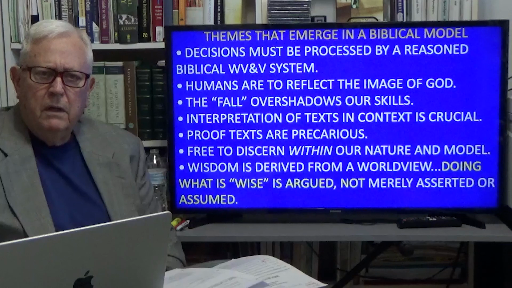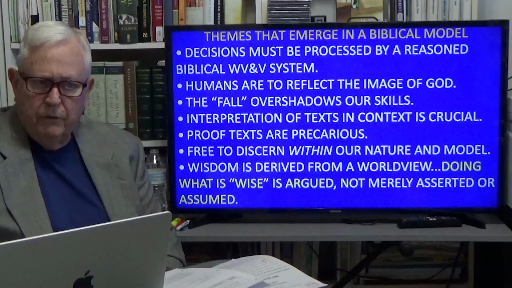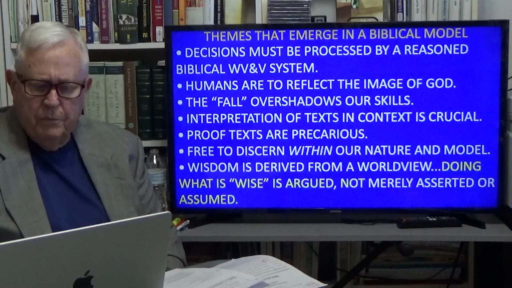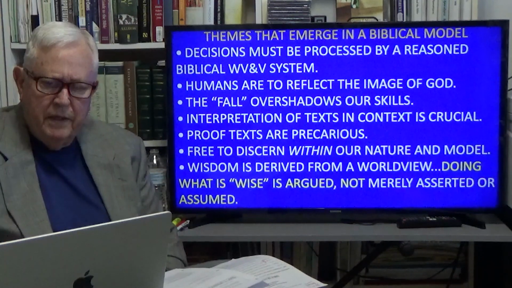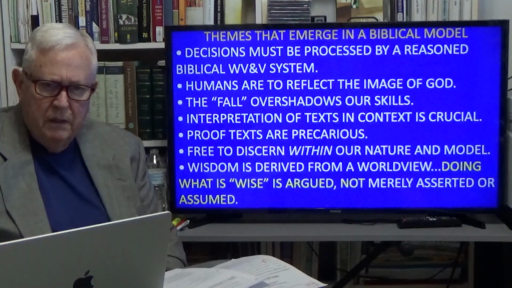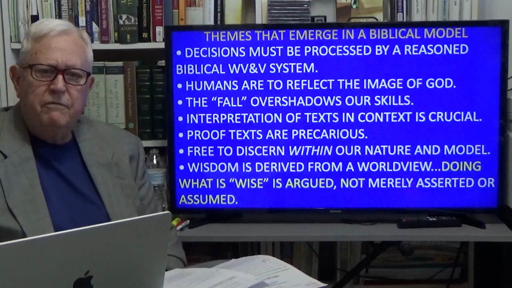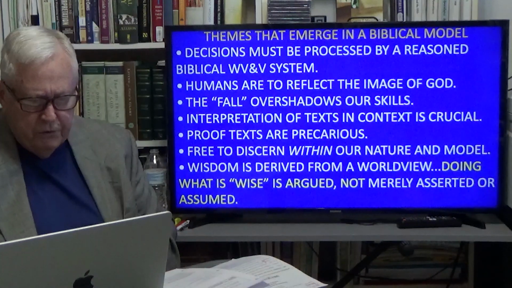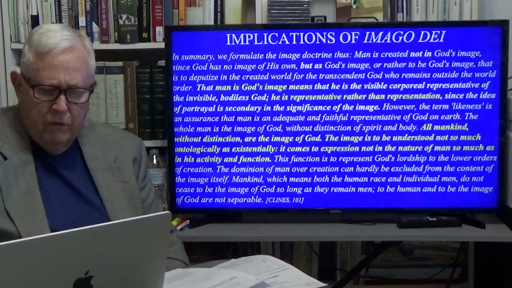And so wisdom isn't the thing that we talk about in general life, you know, he's a wise person or she's a wise person. No, wisdom in the Bible is a much more sophisticated domain than that. It's skillful living, and that skillful living is drawn off of Scripture, even when Scripture isn't quoted, like in much of the wisdom literature. So themes emerge that you can think over a bit.